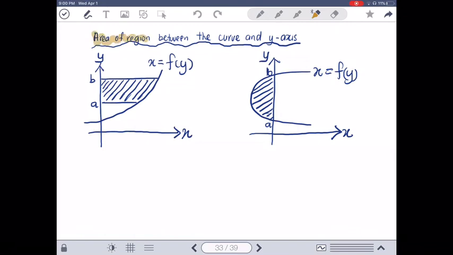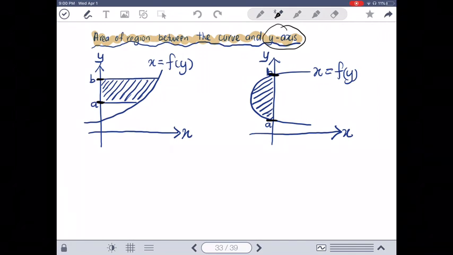Now we have a look at area of region between the curve and the y-axis. So we have the curve and the y-axis. Okay, if we have a curve and the y-axis, means that the boundaries lie on the y-axis.